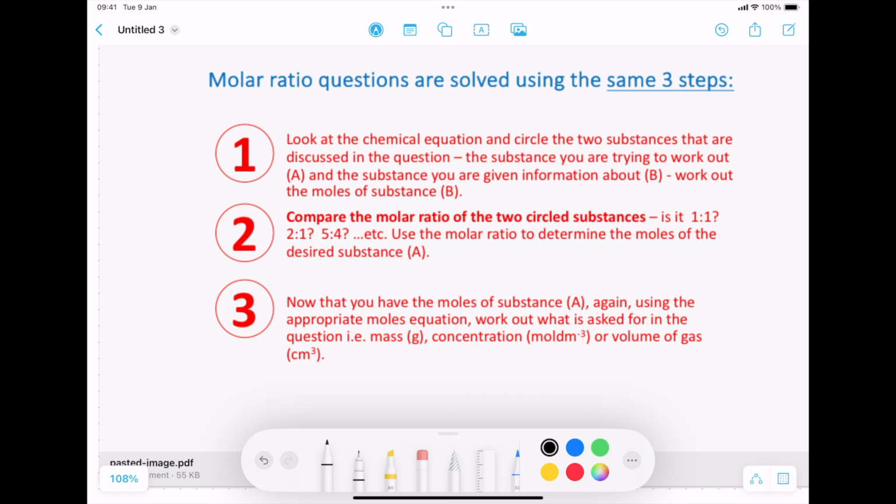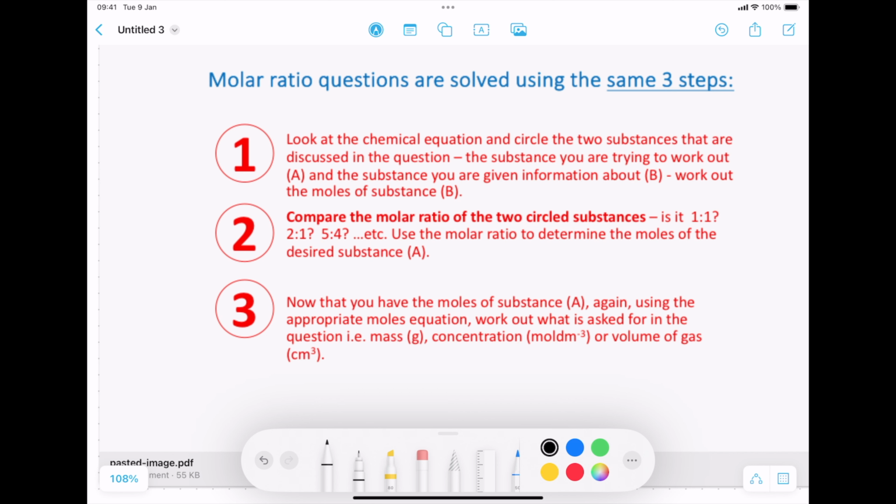Number 2, compare the molar ratio of the 2 substances that you've circled. So is it 1:1, 2:1, and so on? Use that molar ratio to work out the moles of the desired substance A, the one that is wanted in the question.